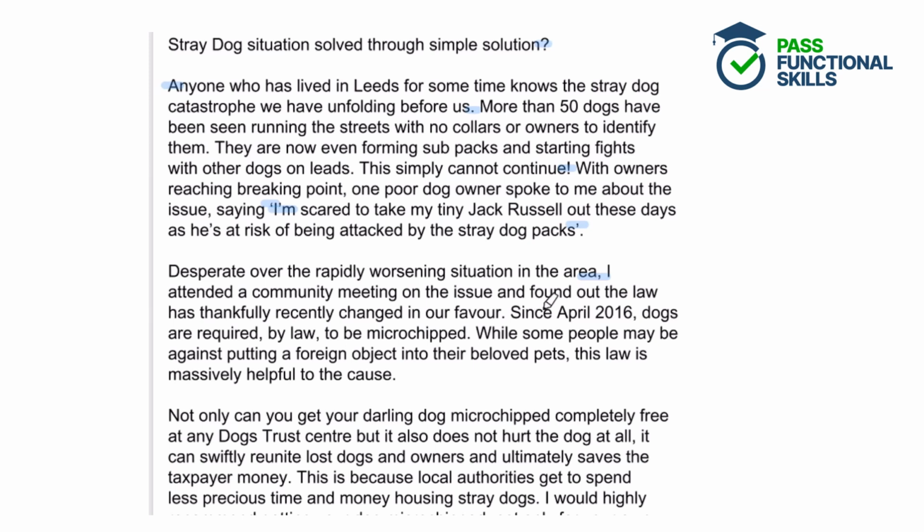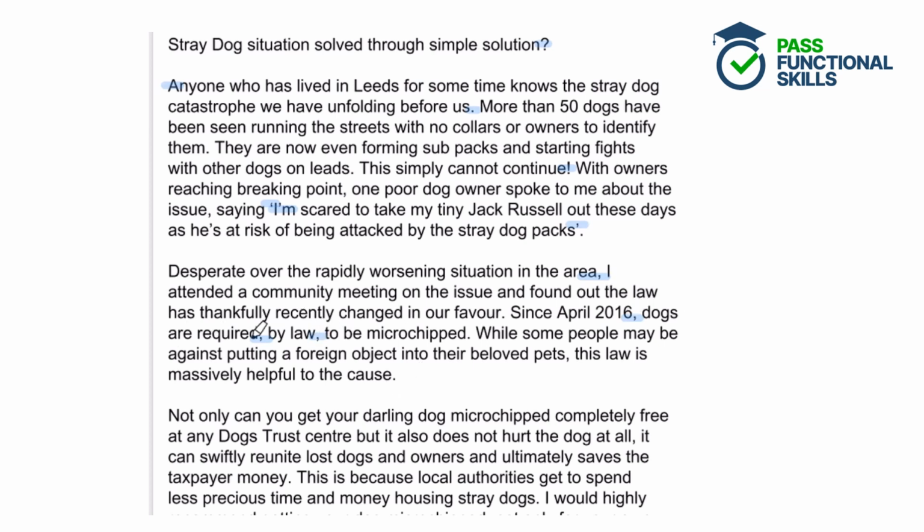So for example, we've got since April 2016, and then we would take a breath if we were reading it out loud, so we need to add a comma in there. And this is known as a clause before the comma, and then we have a separate clause after the comma. So dogs are required, comma, by law, and then another comma, to be microchipped.